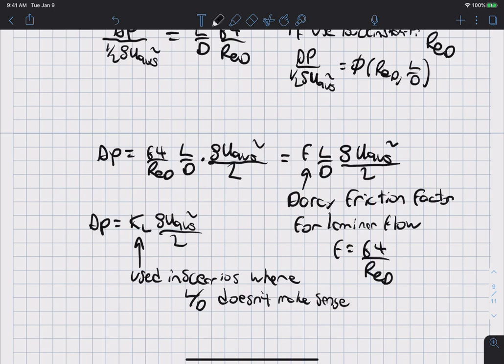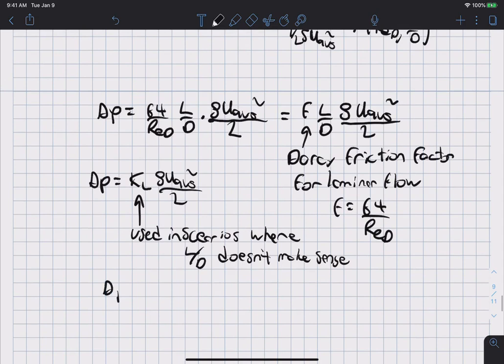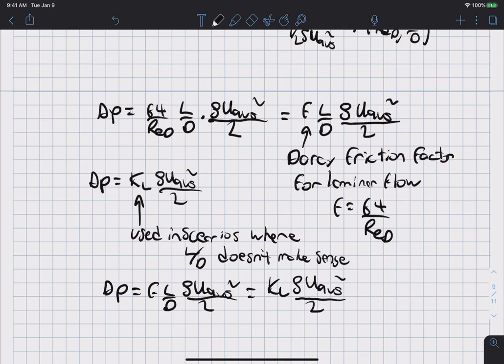We will use that when we analyze the pressure drop in an elbow or a valve or something like that. So delta P equals F L over D times rho U averaged squared over 2, and that equals some loss coefficient K_L times rho U averaged squared over 2. And this K_L is a loss coefficient.